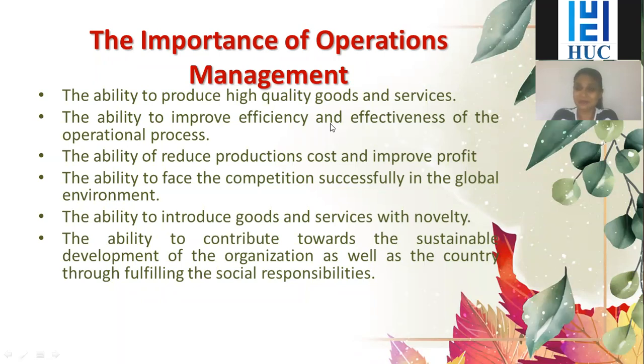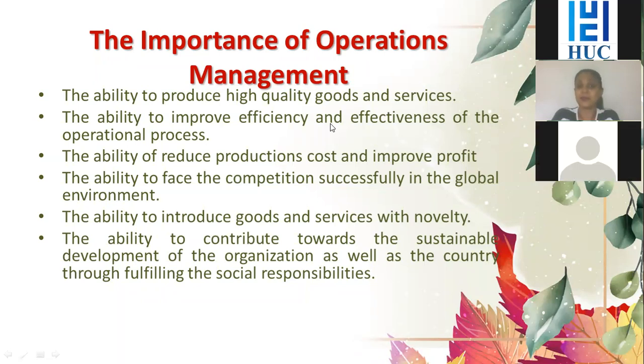the social responsibilities. When we have good operation management, we are doing everything very effectively and efficiently. We are not using a lot of resources because resources are very limited, and we have a very good waste management system. We are giving good opportunities for the employees, motivating them, fulfilling social responsibilities, and thinking about the environment.